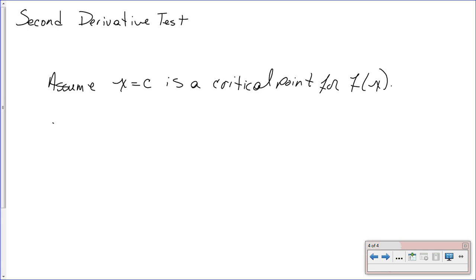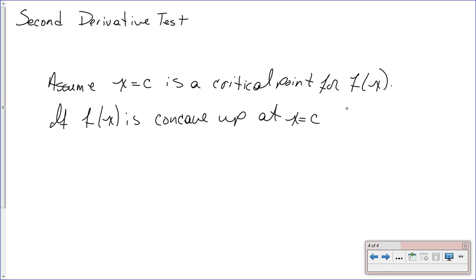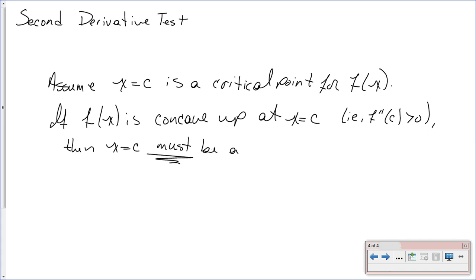If f of x is concave up at x equals c, for example f double prime of c is greater than 0, then x equals c must be a minimum.